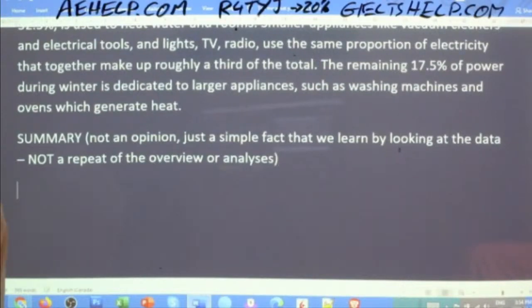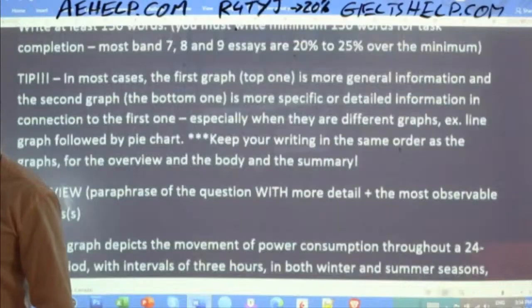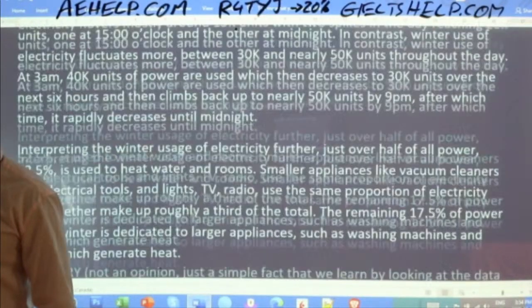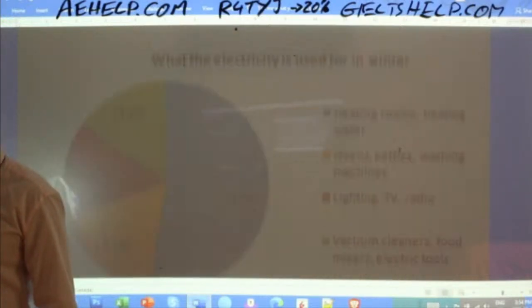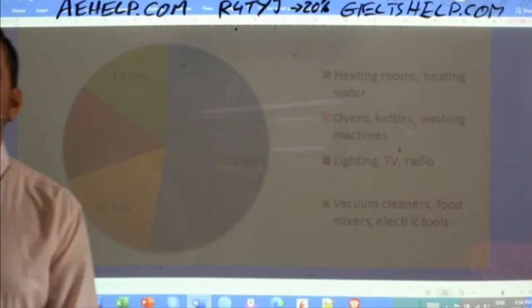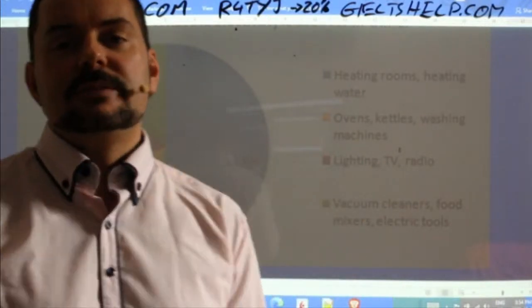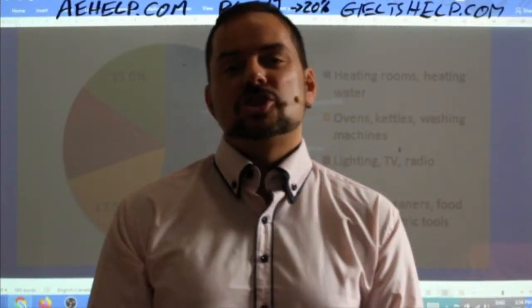Okay, so what can we summarize here? All right, when we've looked at all of this information in the line graph and in the pie chart, and we combine all of this information and put it all together, we've interpreted and understood this information now.